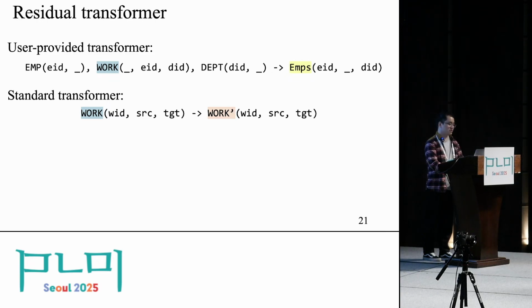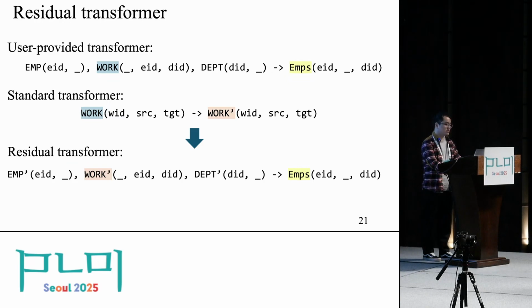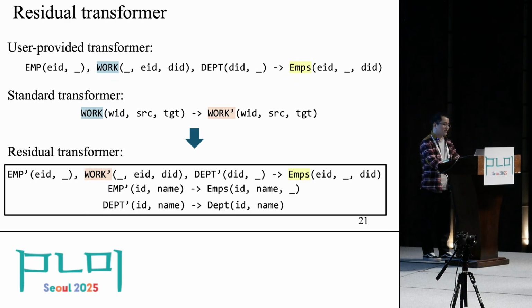And the rule from the standard transformer ensures data equivalence between the work edge and the work prime table. Then we can infer a residue rule that preserves the consistent relationship between the work prime and the employees table. Similarly, we can derive other rules for the remaining tables in the induced relational database, namely employee prime and department prime. Conceptually, the residue transformer tells the CQ equivalence checker how to align two relational databases over different schemas.